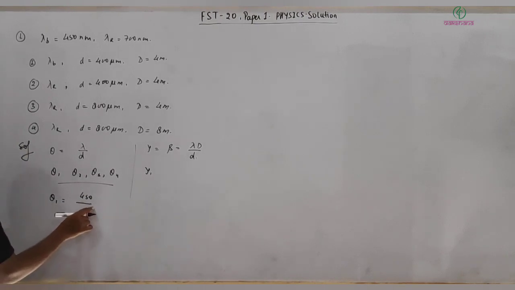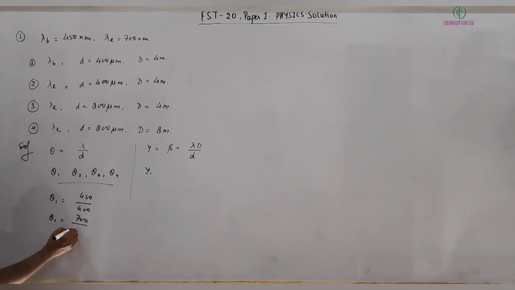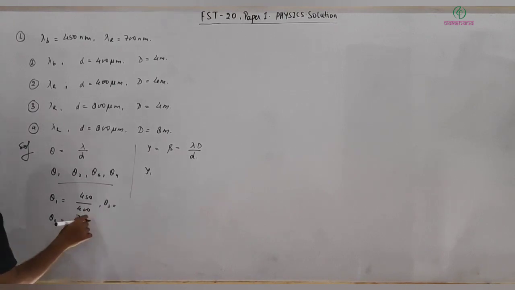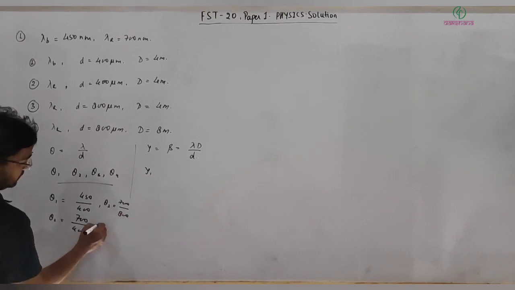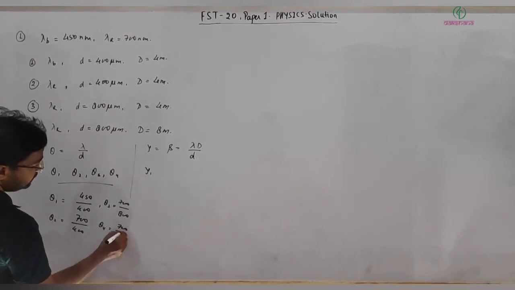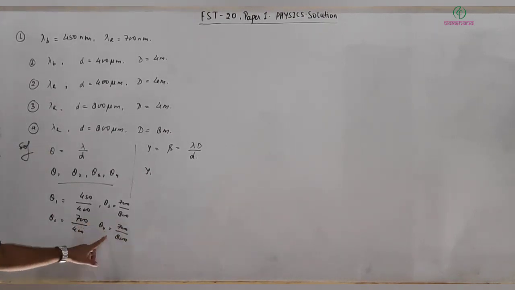Theta 2 is equal to lambda red, 700, divided by 400. Theta 3 is lambda 700 divided by 800, and theta 4 is the same, 700 divided by 800. You can see easily that these two are equal.